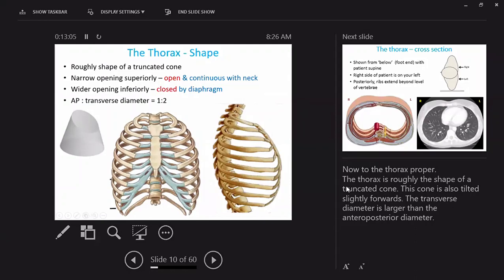This is very important because you will know later in conditions like chronic obstructive pulmonary disease or COPD, a condition that smokers get, this shape goes away and the patients end up with a barrel shaped or a cylindrical chest. We actually call it a barrel chest. So barrel chest is an abnormal thing. A normal thing is going to be this antero-posteriorly flattened shape.